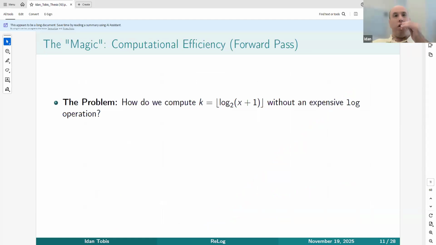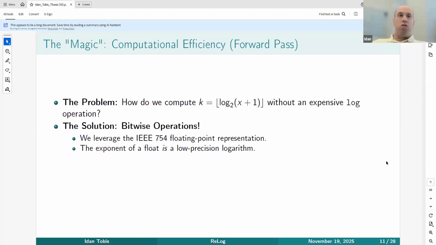So what's the problem with ReLog? How do we compute k without an expensive log operation? We know that the log operation is very expensive, especially for GPUs, because GPUs know how to calculate additions and multiplications. They're very bad with transcendental functions.